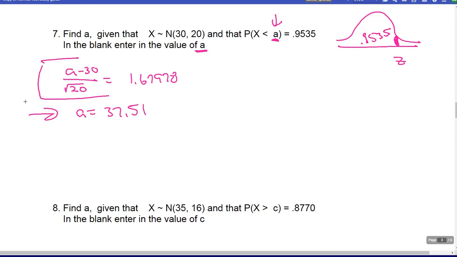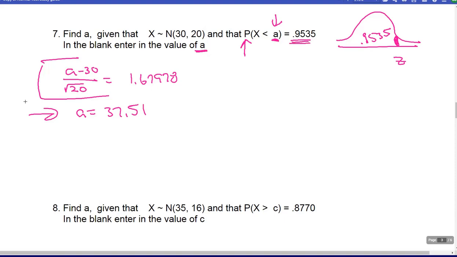So I have a question. It's kind of dumb. What's that? The P(X) is less than 8, what does that mean? Like I know what that means, but like how 30 is the mean. It's the probability that my random variable X being less than some number is going to be this much.